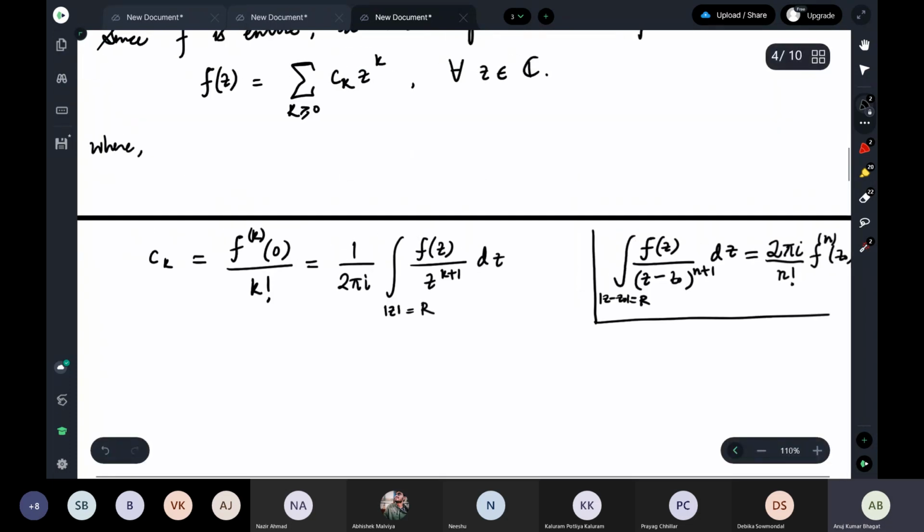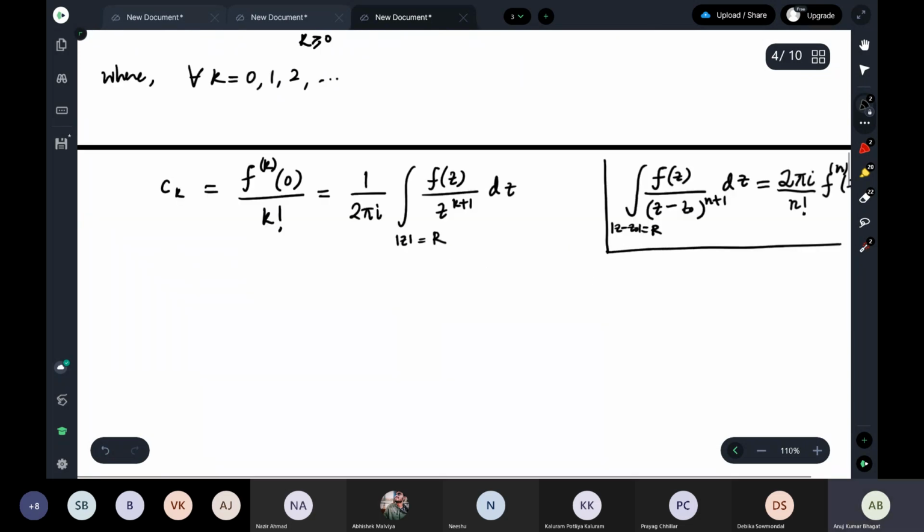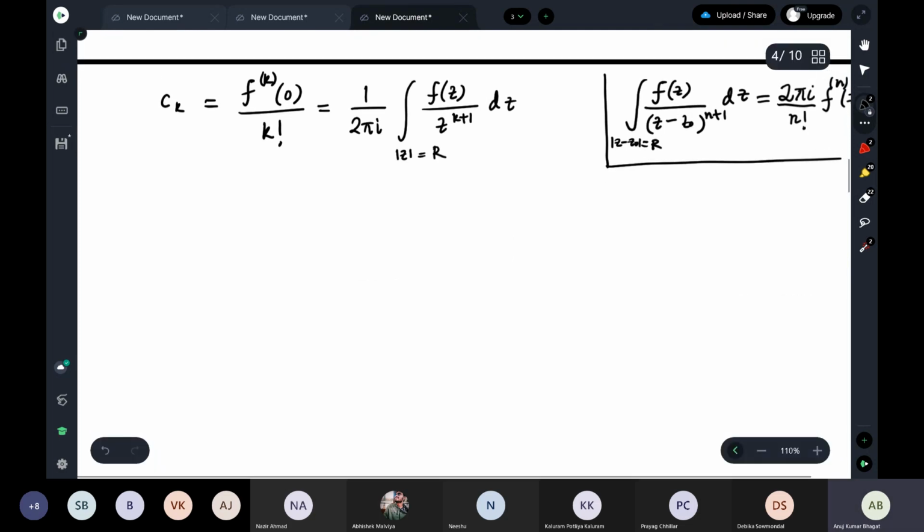So for all k running from 0, 1, 2, I have this. So let us use it. What is the modulus of c_k? Modulus of c_k is the modulus of this integration part.